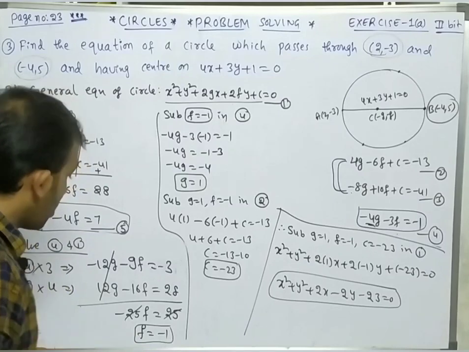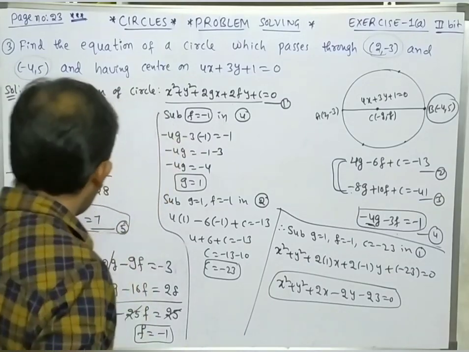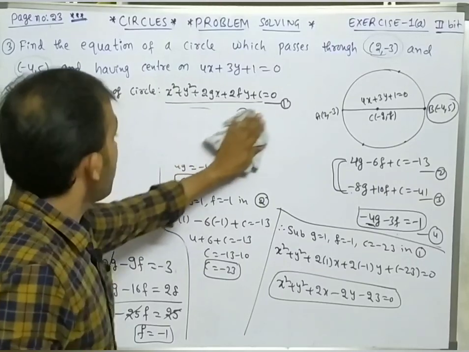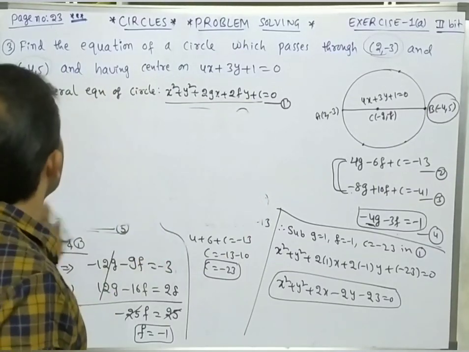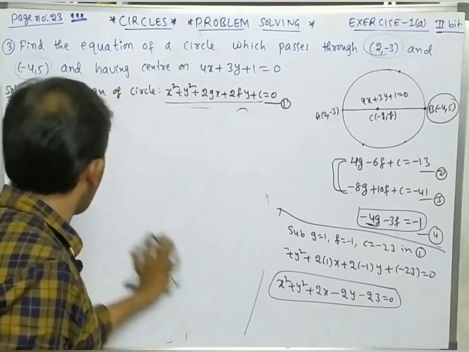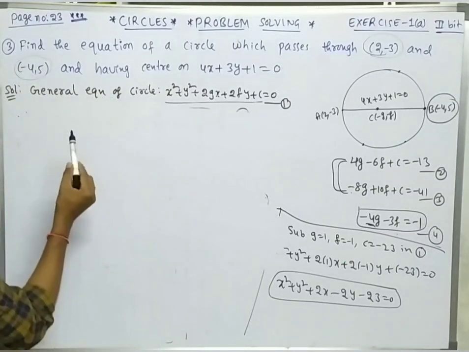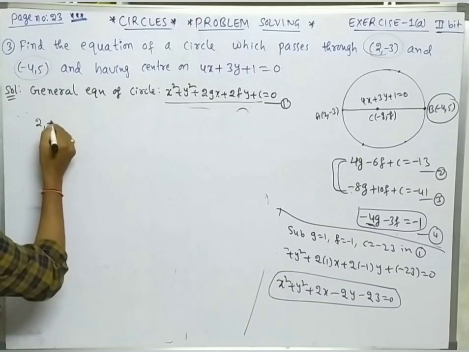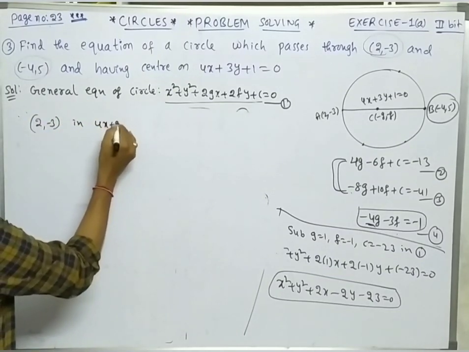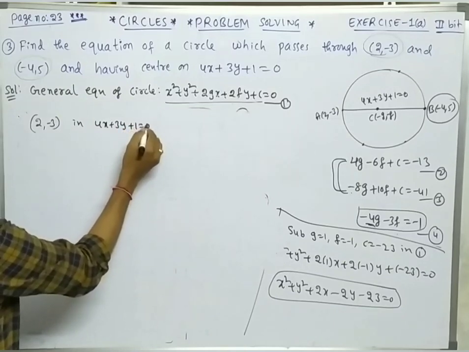Okay, so this problem can be solved by using another method also. The given points here, 2 comma minus 3 and minus 4 comma 5, are the 2 given points. So 2 comma minus 3 substitute in 4x plus 3y plus 1 is equal to 0.